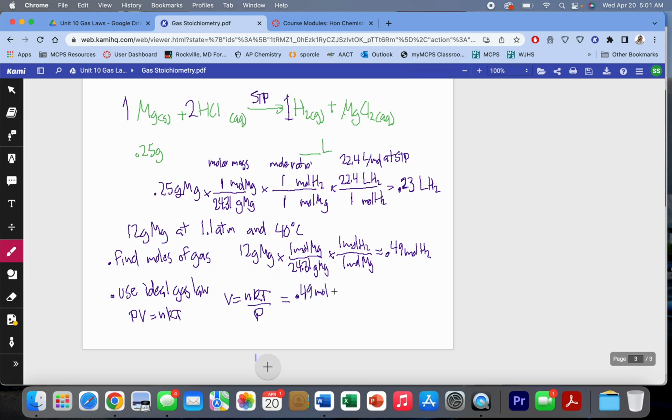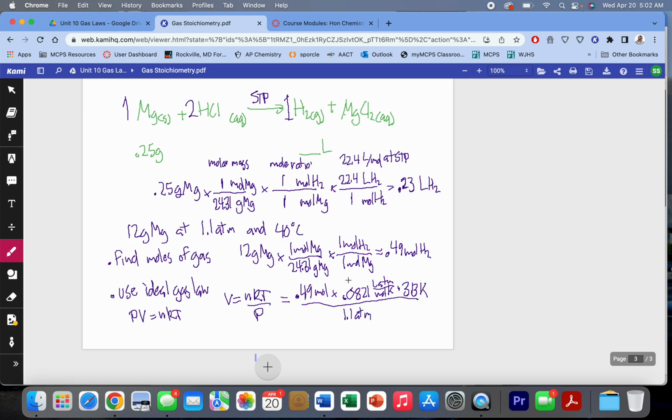okay, times R. In this case, since I'm using atmospheres, I'm going to use 0.0821 liter atmospheres over moles Kelvin, times T, and it said 40 degrees Celsius, but I need to use Kelvin, so that's going to be 313 Kelvin, all divided by the pressure, which, as I remember, is 1.1 atmospheres.